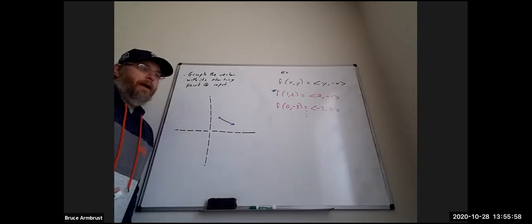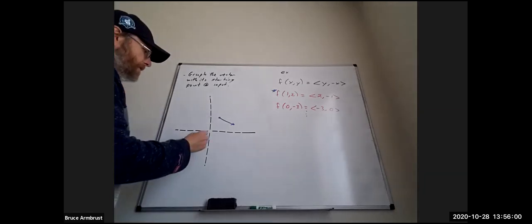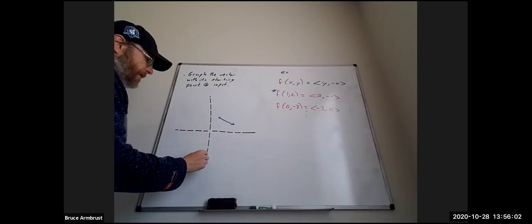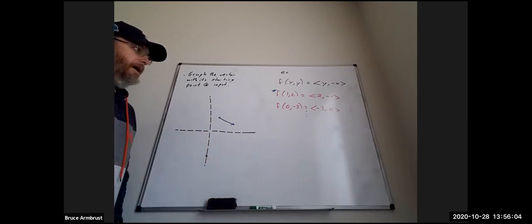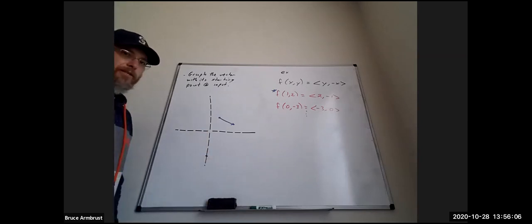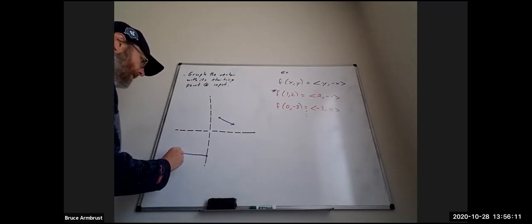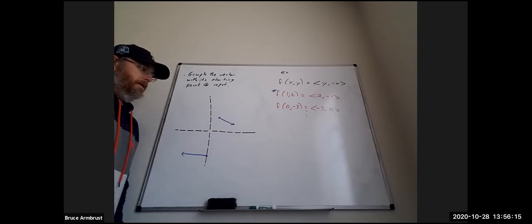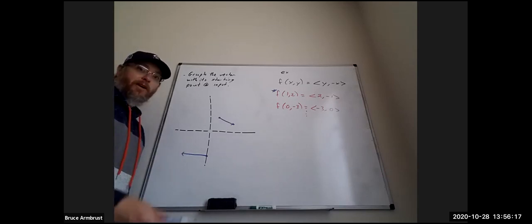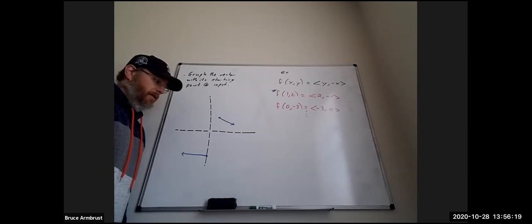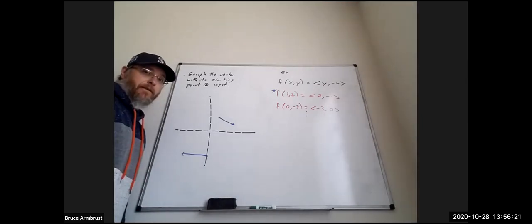All right, let's look at 0, minus 3. So at 0, minus 3, that was down here, I'm going to get a vector minus 3, 0. So that's going to point left 3 and up and down nothing. Okay, so there's another vector in this vector field.